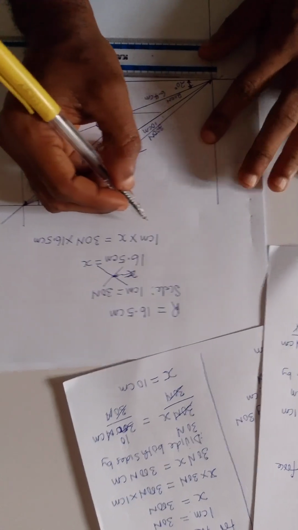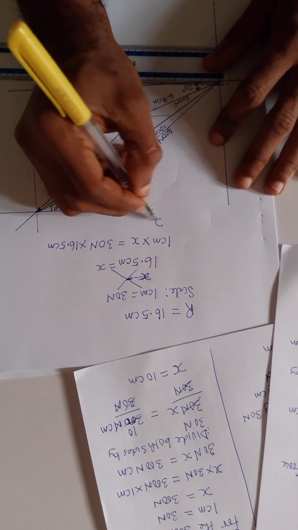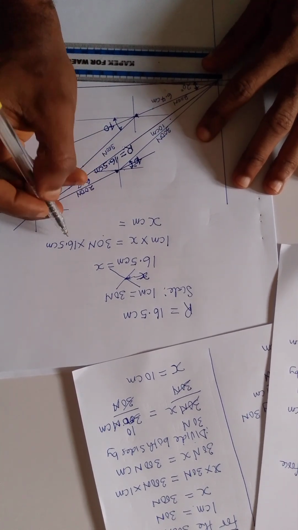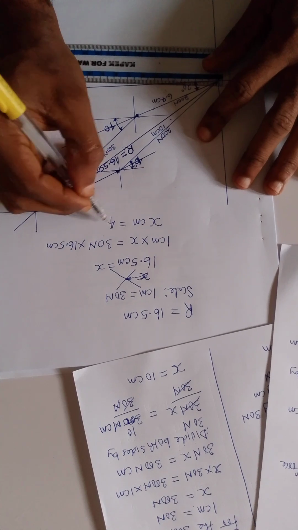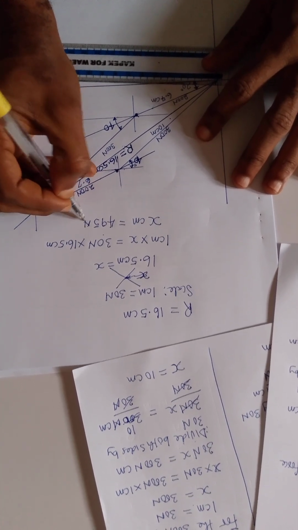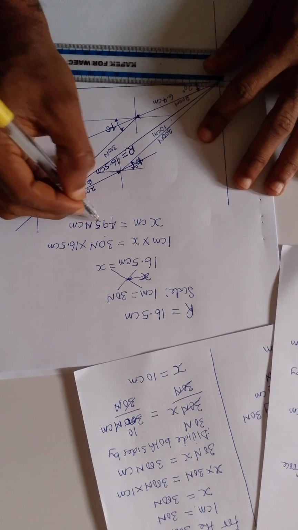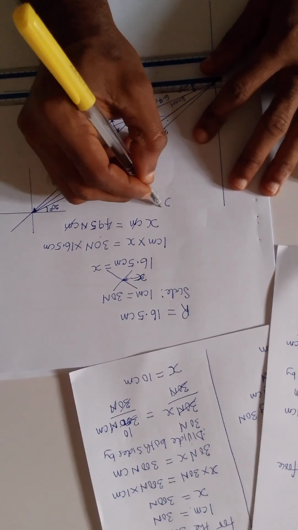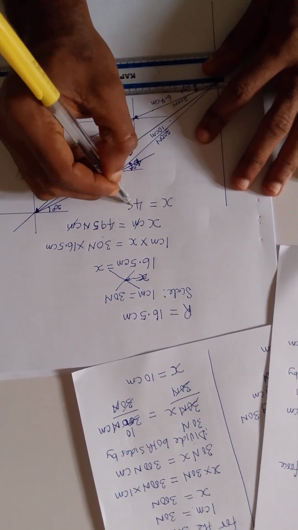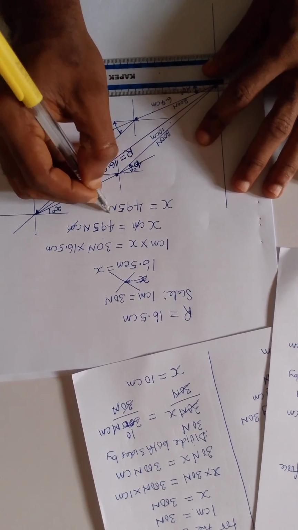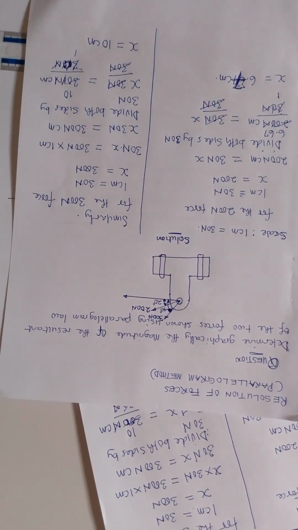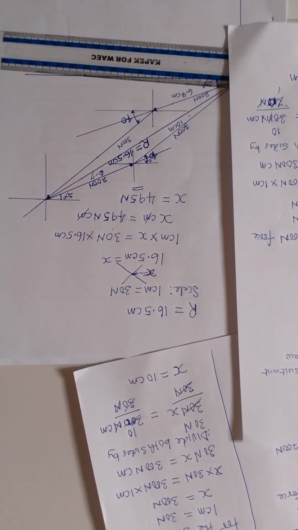So 1 cm times x will give us x cm, which will be equal to 30 Newton times 16.5, which gives us 495 Newton cm. So if we cancel cm here, our x will be equal to 495 Newton. So what this implies is that the resultant of these two forces given in the question is 495 Newton.